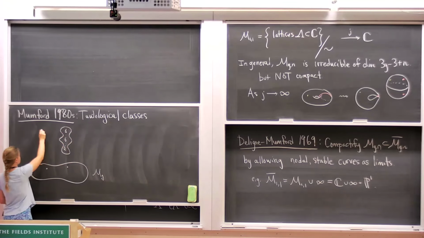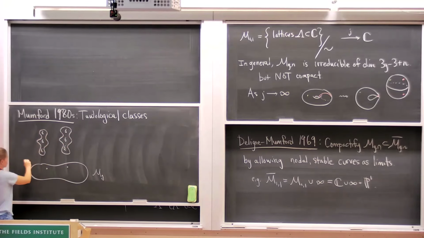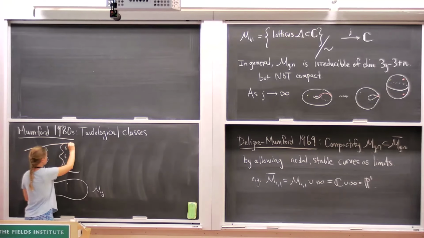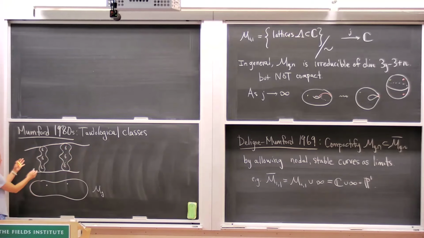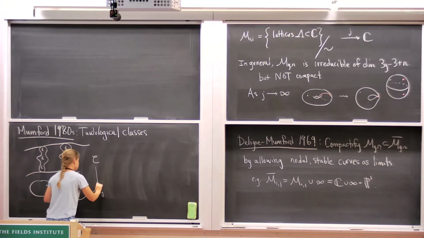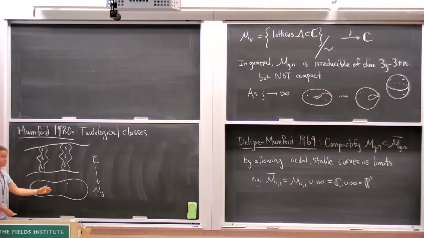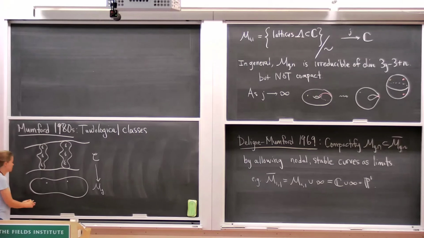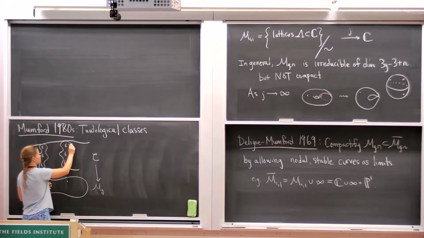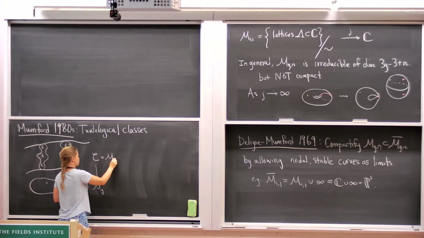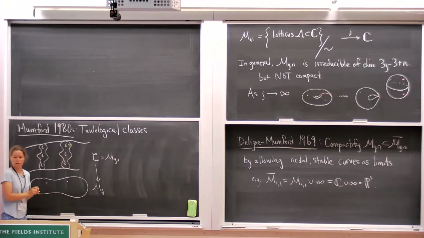Maybe this point to another curve over here. So I want you to imagine fitting together all of those curves I've drawn above. And this is something that maps to M_g. It's called the universal curve. And you might be able to convince yourself that this universal curve is in fact M_{g,1}.